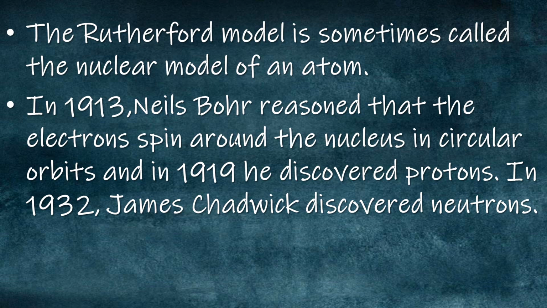Bohr reasoned that electrons spin around the nucleus in circular orbits. In 1919, he also discovered protons, but he didn't know about neutrons. It was in 1932 when James Chadwick discovered the neutrons.